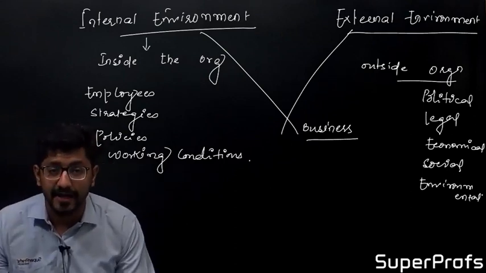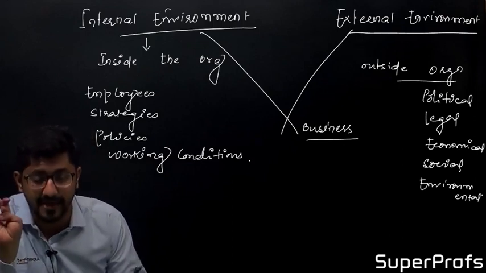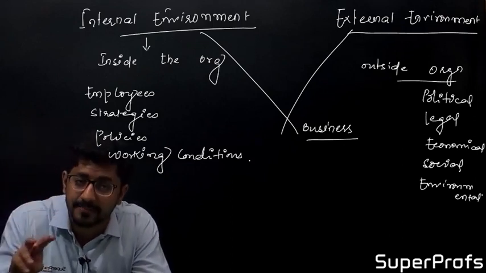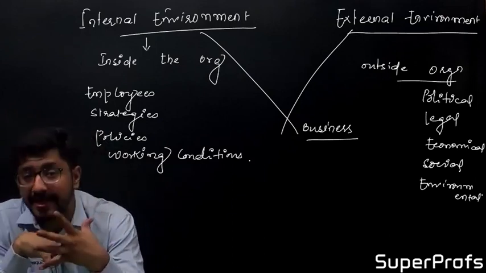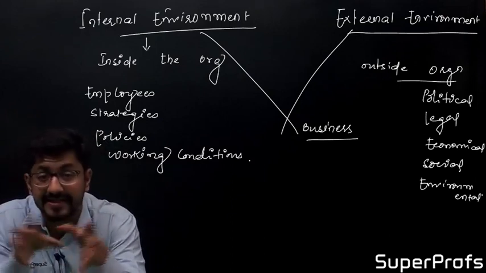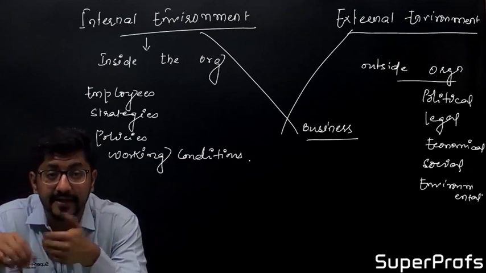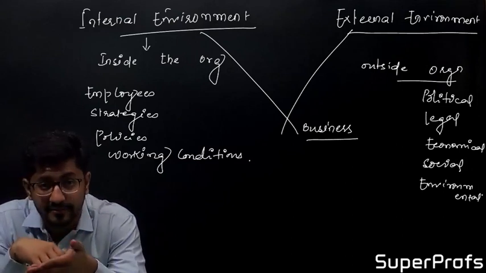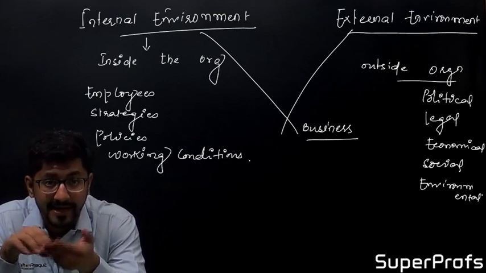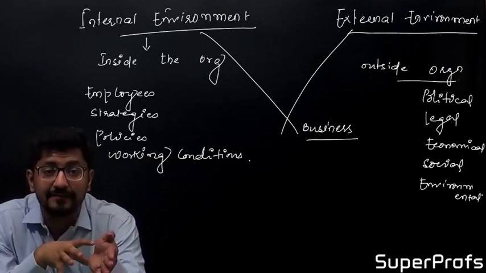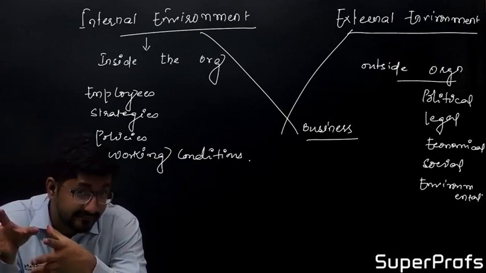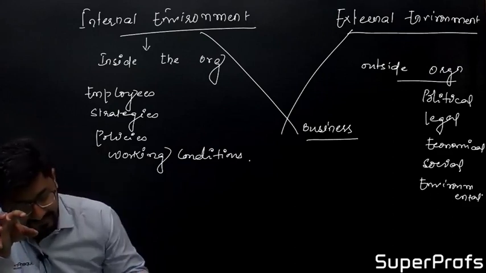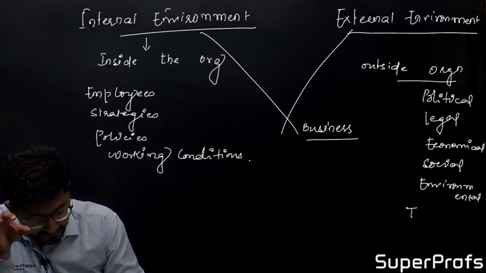First point is that the environment which surrounds a business is the business environment. Environment is basically classified into two types: internal environment and external environment. Internal environment includes employees, strategies of the company, policies of the company, and many other things. External environment consists of political factors, legal factors, environmental factors, social factors, and the factor I forgot, the technological factor also.